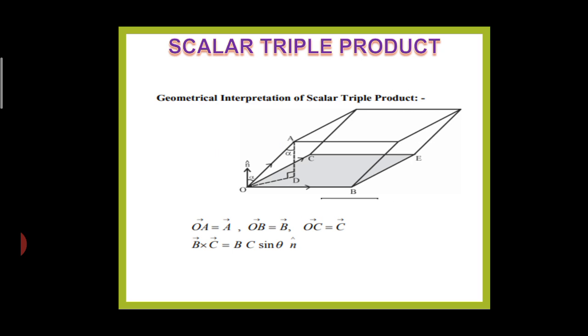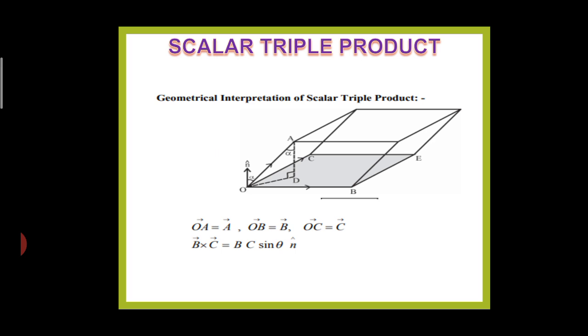Now the scalar triple product. This is the figure of the geometrical interpretation of the scalar triple product. This is the parallelogram OAB. The angle between a and n is alpha, and this is OA, this is OB, and in the middle OC.